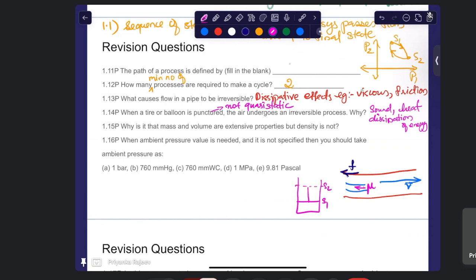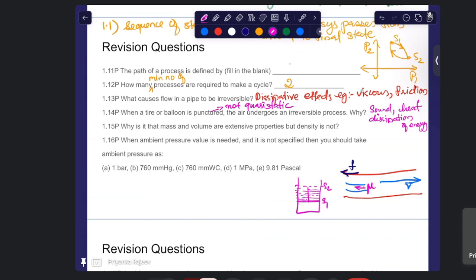It will go from state 1 to a delta state, moving a very small distance, and reach another equilibrium position. Then it will go another small step and reach another equilibrium state. Likewise, it will go through a series of equilibrium states to reach state 2. That is called a quasi-static process.